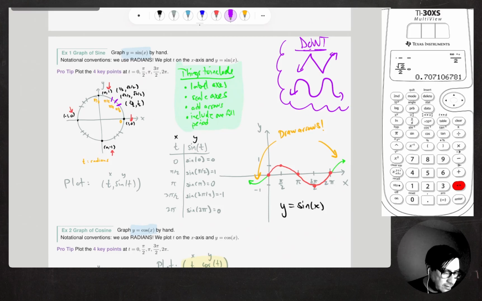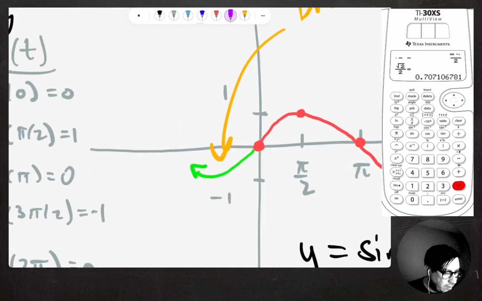Well, what that means is pi over 4 was right here, right in the middle between 0 and pi over 2. And what that means is if I really wanted to try to draw this really accurately, this purple point here, the y value would be at about 0.7.